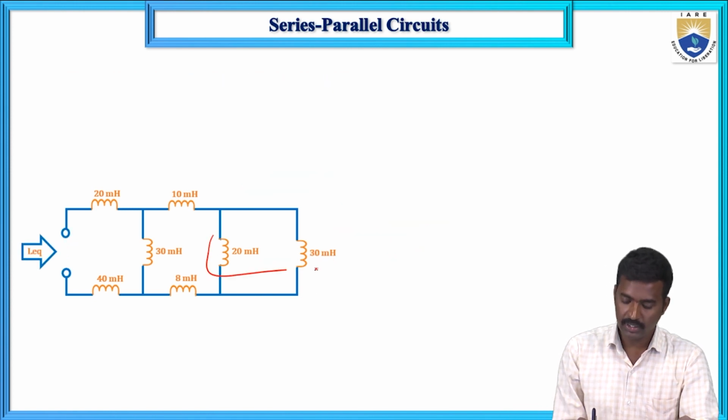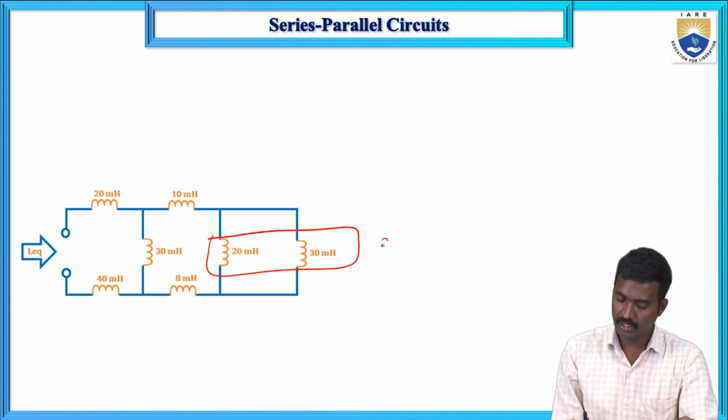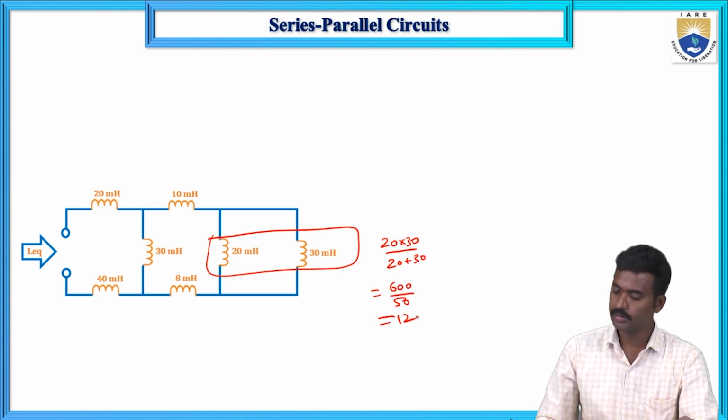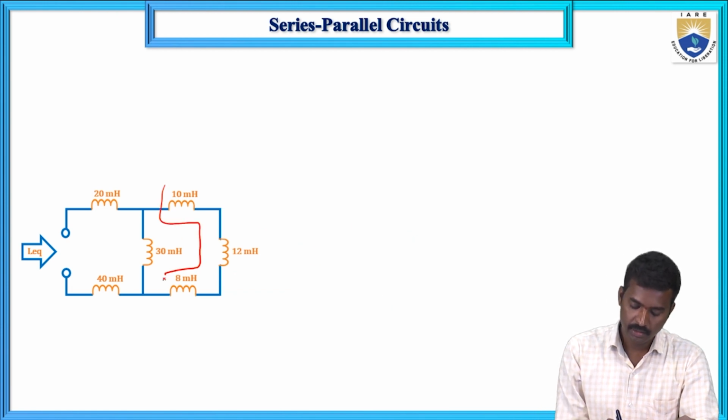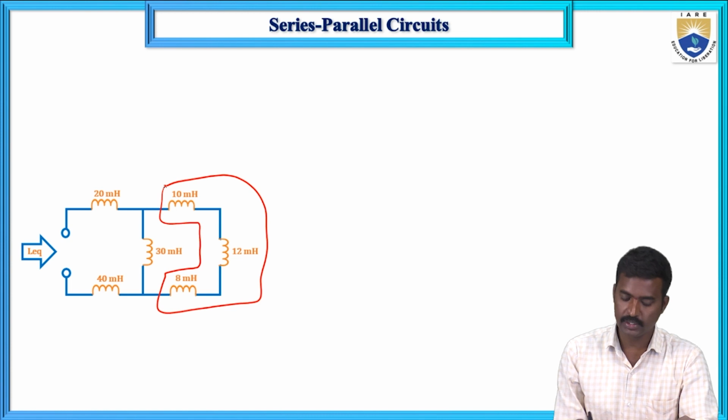Next, 20 and 30 are connected in parallel, so 20 into 30 divided by 20 plus 30, 600 divided by 50, that equals 12. Next, these three inductors are connected in series, so 10 plus 12 plus 8, that means 30, the L equivalent.